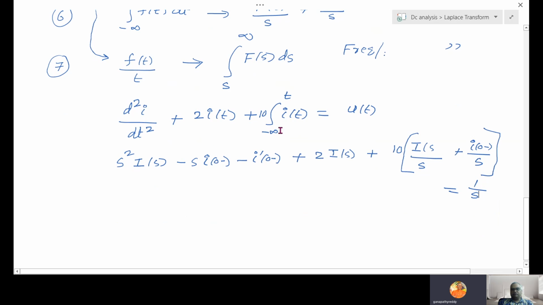So this is an application. In transient analysis, we use the Laplace transform very much.